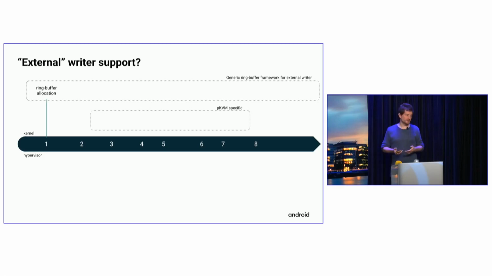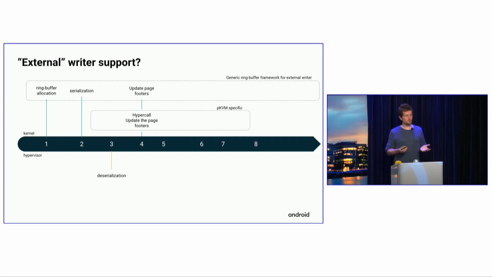So you allocate a ring buffer with the regular ring buffer allocation, nothing really fancy here. You serialize all your information, and you send this to your hypervisor. The hypervisor deserializes everything, and it installs its own view on the ring buffer. And from there, the ring buffer is ready. The hypervisor can start right over there.